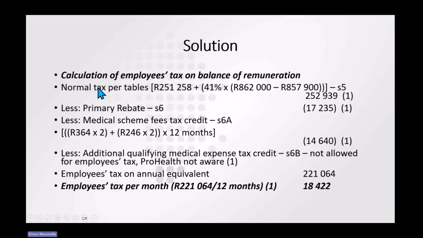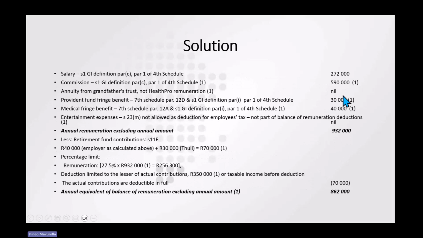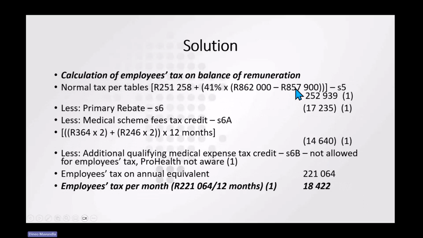So we would take our normal tax per the tax tables. In this case, this person would fall into the 41% tax bracket in terms of Section 5 of the Income Tax Act. So this is per the table, the 251,258 plus 41% of the 862,000 that we got as part of our calculation here, less the 857,900 as per the tax table.